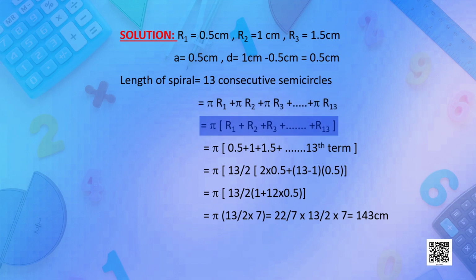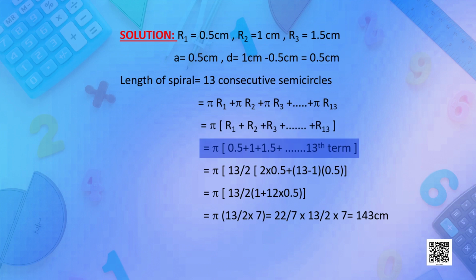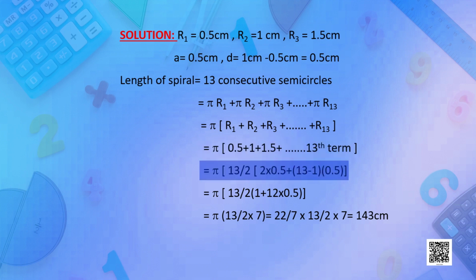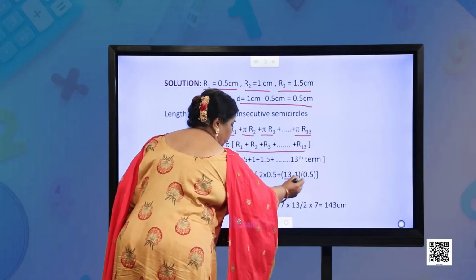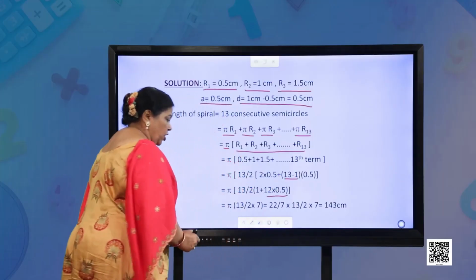What we find is pi is common. So, r1 plus r2 plus r3 till r13 we can add, and you know it is forming an AP. So, pi is common, 0.5, 1, 1.5, all these terms can be added till 13 terms. So, pi into 13 upon 2 into 0.5 plus 13 minus 1 into 0.5, that is 12 into 0.5, will give me how much?